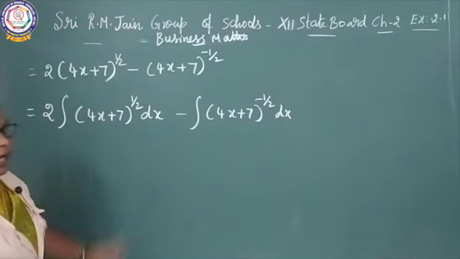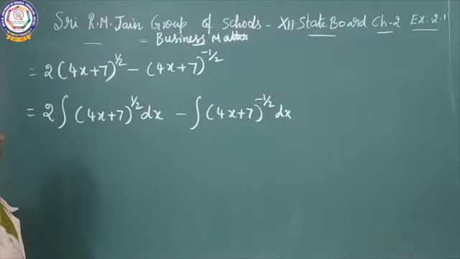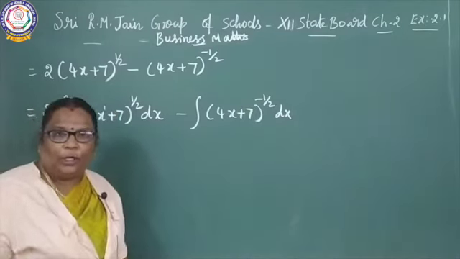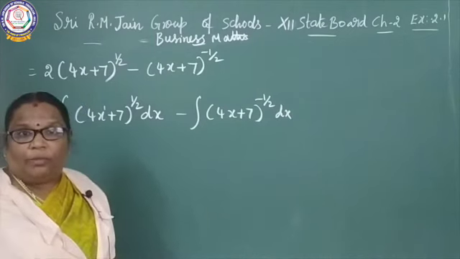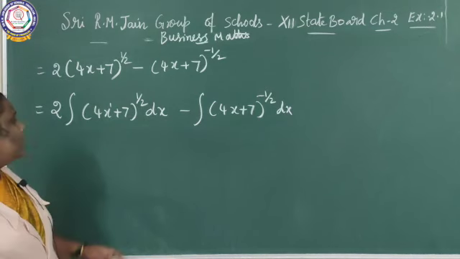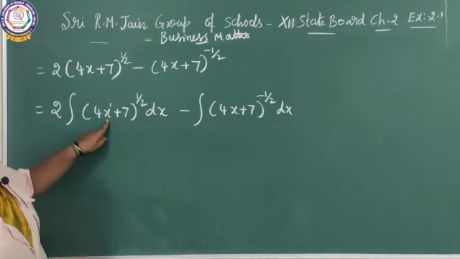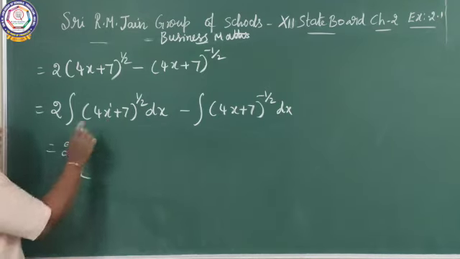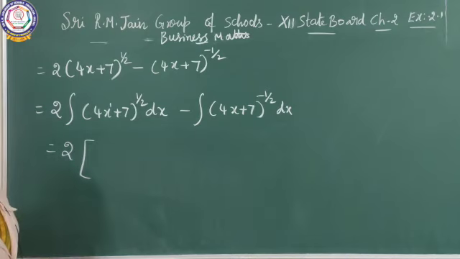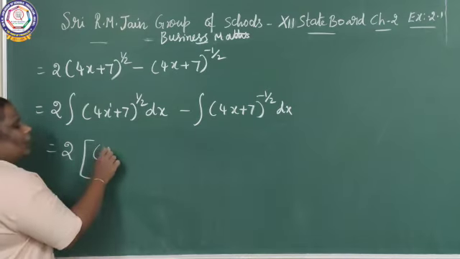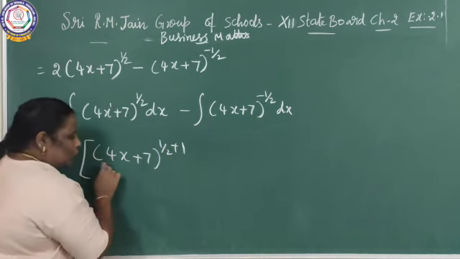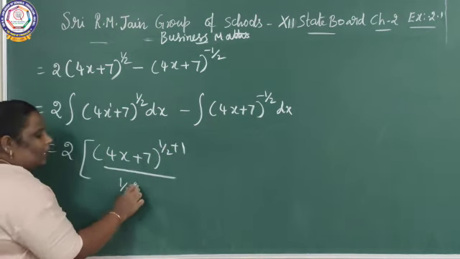You check the x power. If it is power 1, you can apply the formula: integral of x power n into dx is x power n plus 1 by n plus 1. See, you can check the power. It is 1, so you will write 2 into (4x + 7) whole power 1 by 2 plus 1 by 1 by 2 plus 1.